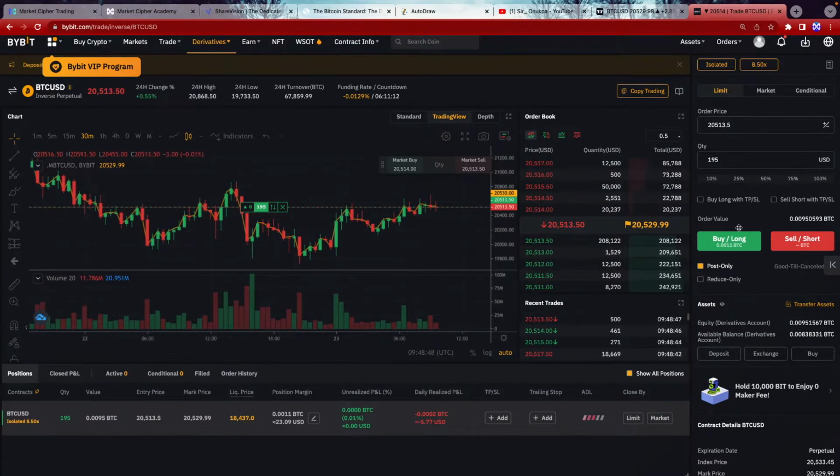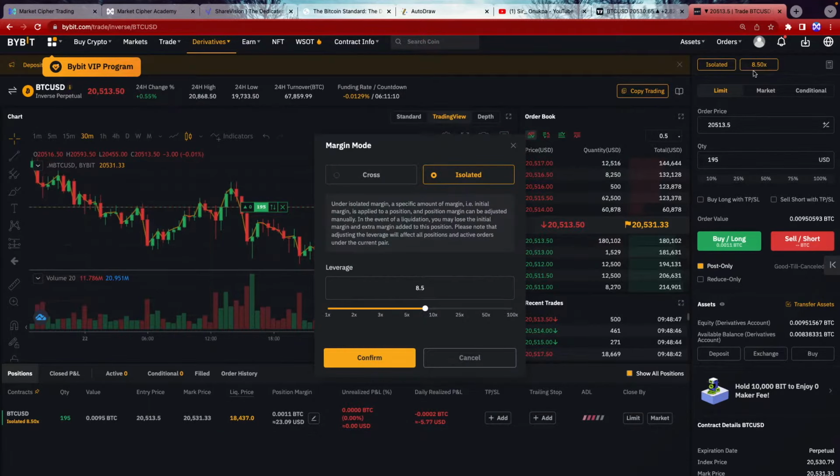If I want to increase my leverage to increase my profits, my margin, I can also increase leverage. But again, it comes with risk because the higher the leverage, the closer the liquidation price. You understand? So you might not really want to put yourself in danger by using so much leverage.